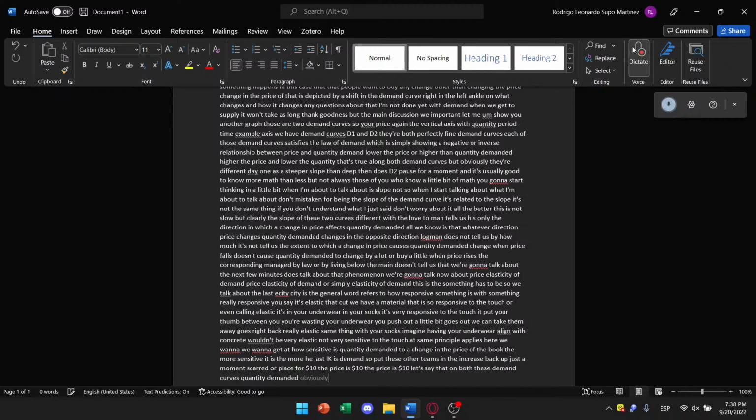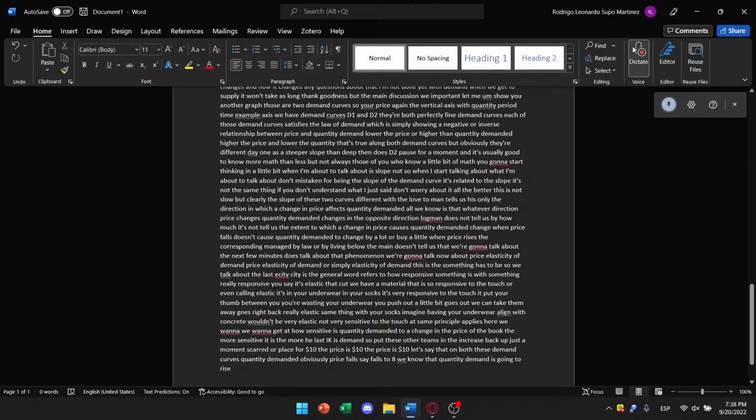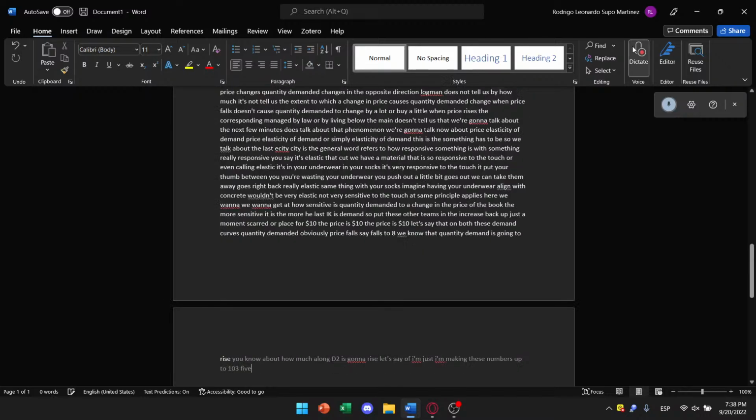Obviously, if the price falls, let's say it falls to 8, we know that quantity demanded is going to rise. We don't know about how much. Along D2, it's going to rise, let's say, I make these numbers up, to 135. Let's say along D1, it rises to 111.